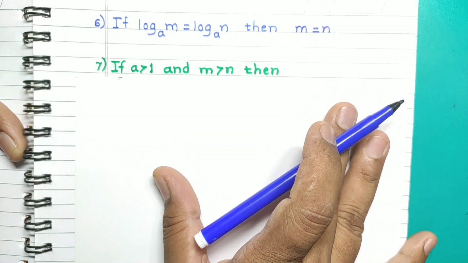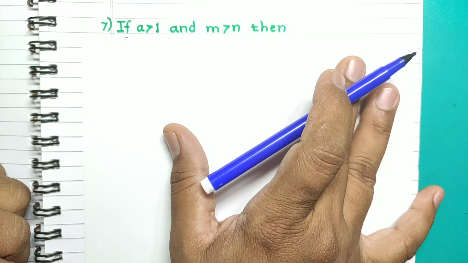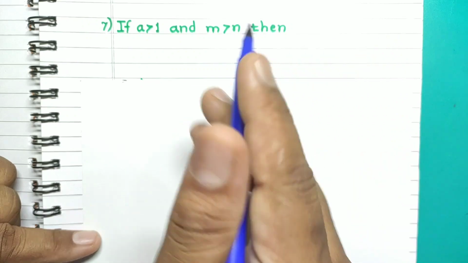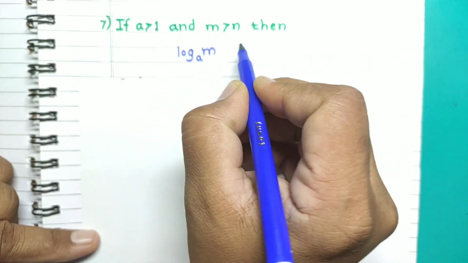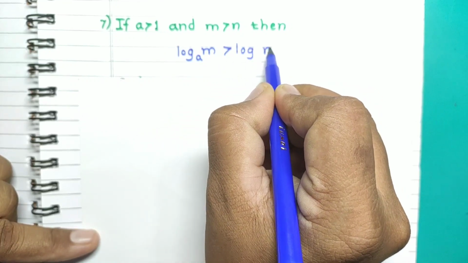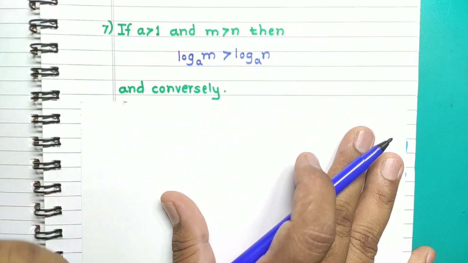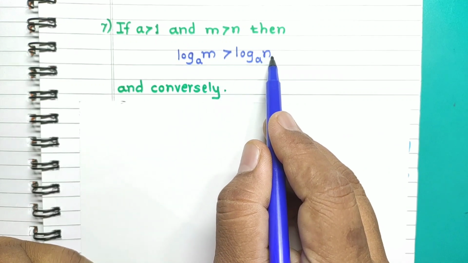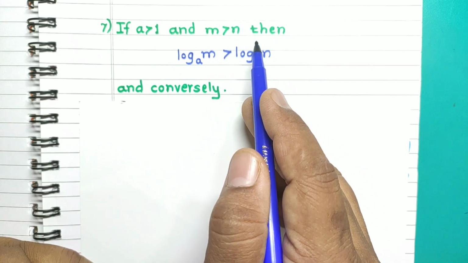Then, if a is greater than 1 and m is greater than n, then log of m to the base a is also greater than log of n to the base a, and conversely. That means if log of m to the base a is greater than log of n to the base a, then m is greater than n.